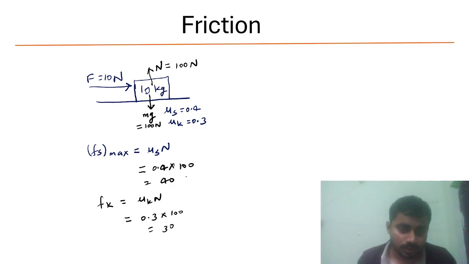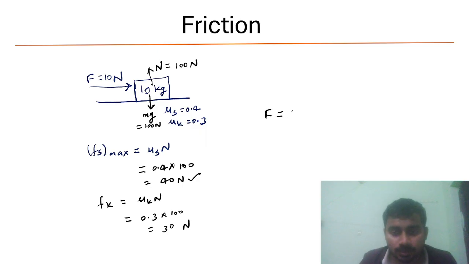So what we can observe from here is that to move this body we should apply a force greater than or equal to 40 Newton, then only this body will start moving, otherwise it will not move. There will be zero acceleration.